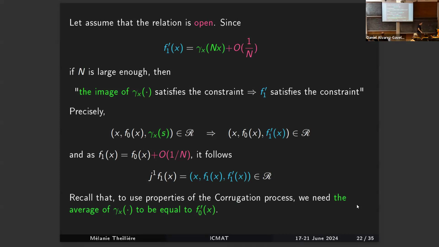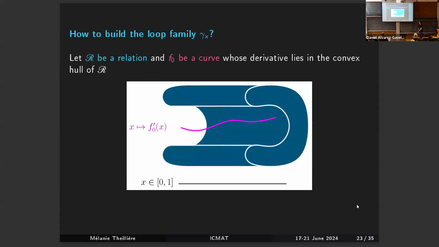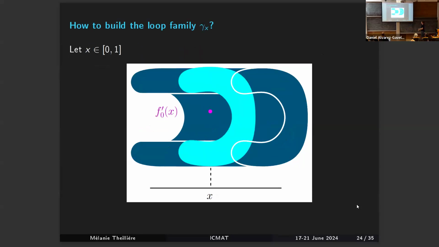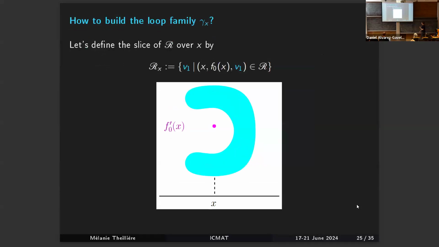So let's take an example. We have a relation and a curve whose derivative lies in the convex hull of the relation. We consider a point x, where we have f0 and the derivative of f0, and we have to choose a loop for this x. We consider this slice: the slice of the relation over x is given by any value the derivative can take.